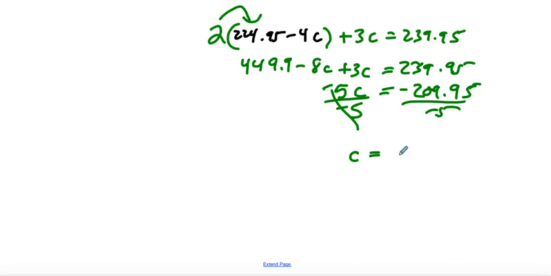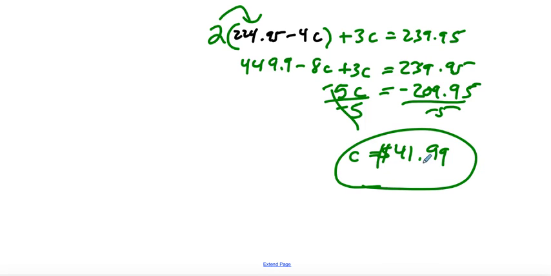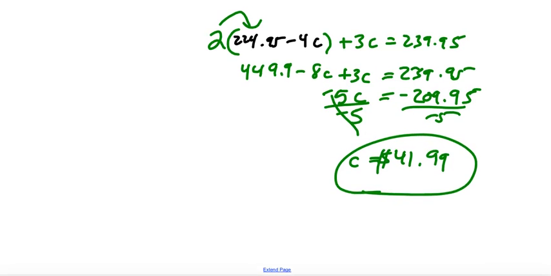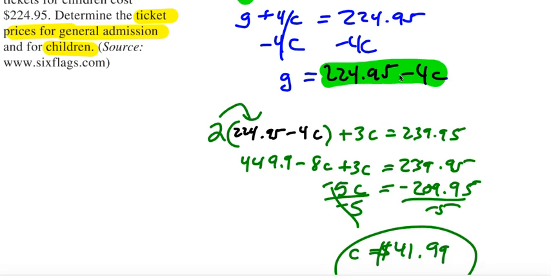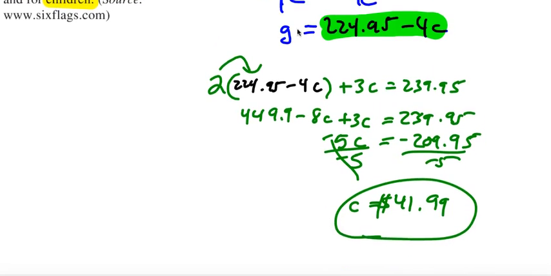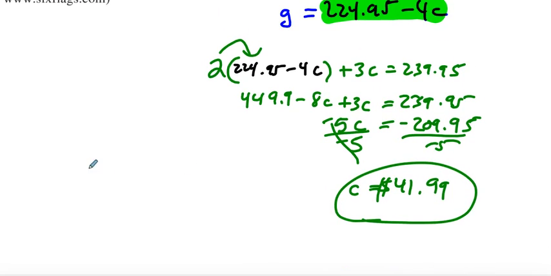Okay. So now if I divide both sides by negative 5, I'll get my C value of $41.99. I'll go ahead and put my dollar sign there since I want my context. So that's how much one child ticket is, $41.99. So if we look back up, versus general admission, I'm going to use this equation now, right?